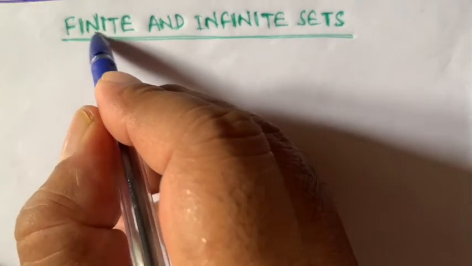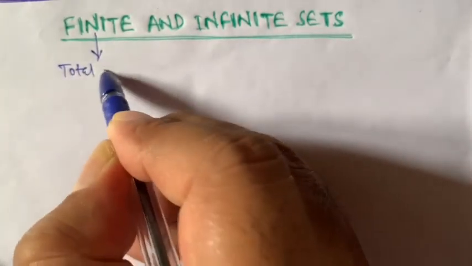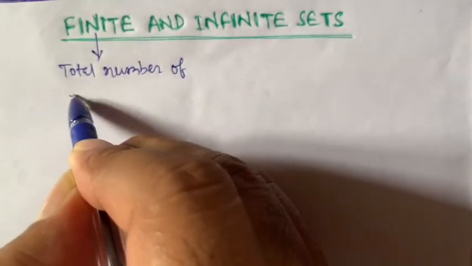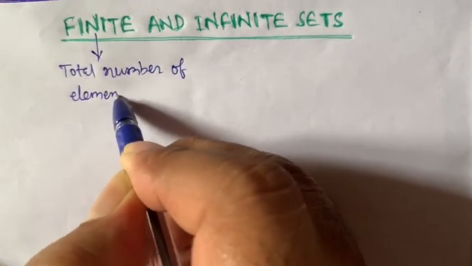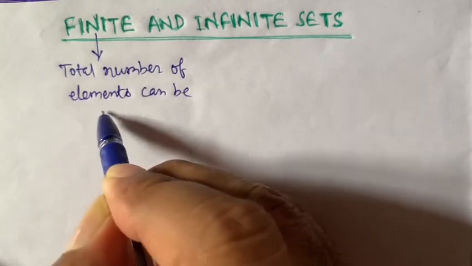The total number of elements can be given a natural number.